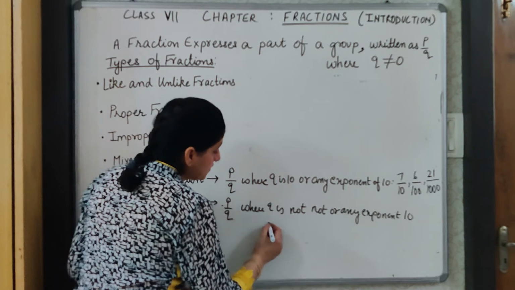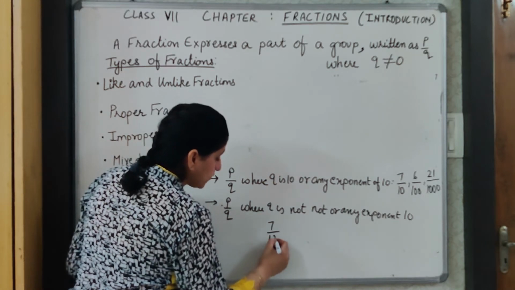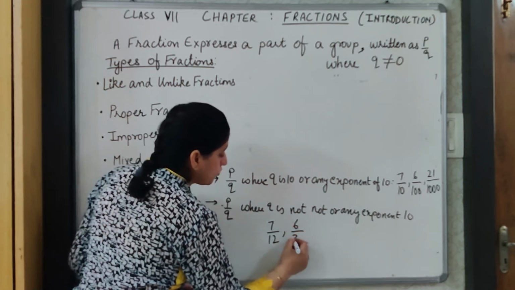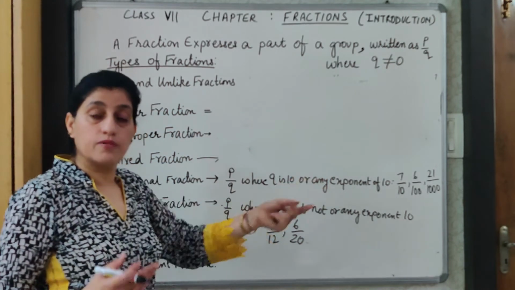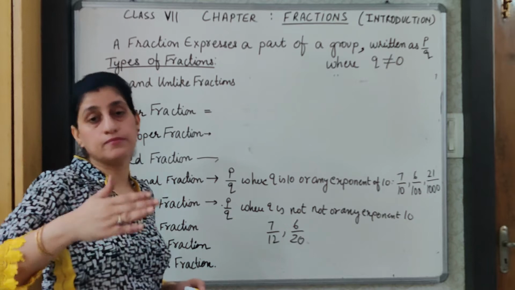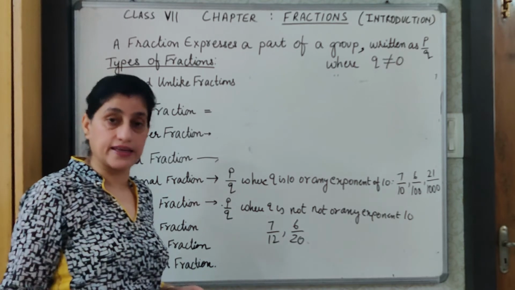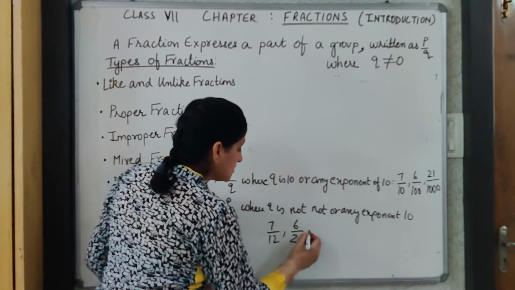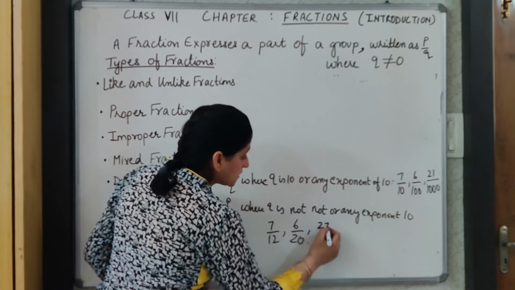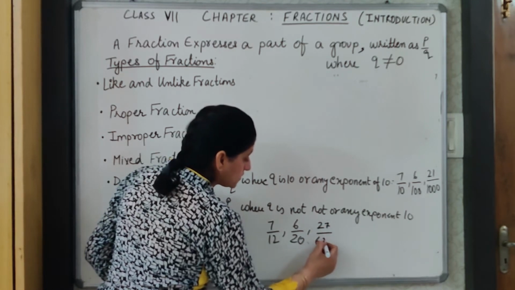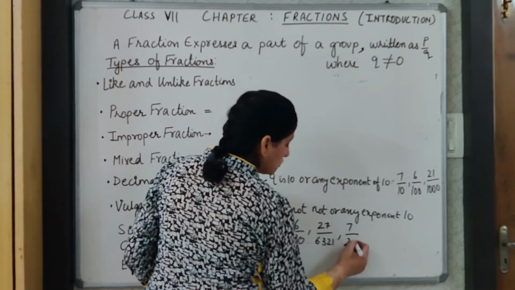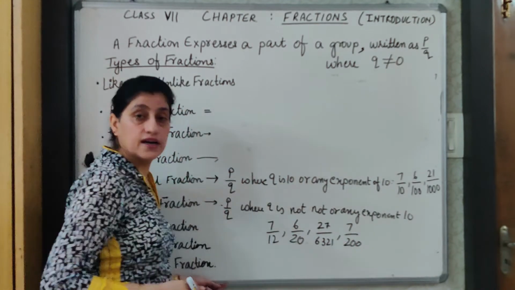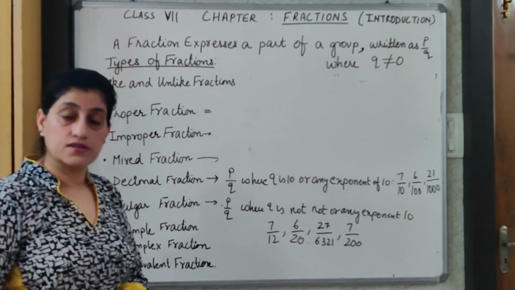So I can have say 7 upon 12, say 6 upon 20. Now 20 is not an exponent of 10, because an exponent of 10 will be 10 multiplied with 10, 10, 10 like that. So we can have this, then we can have 27 upon 6, 3, 2, 1. We can have 7 upon 200. All these are vulgar fractions.